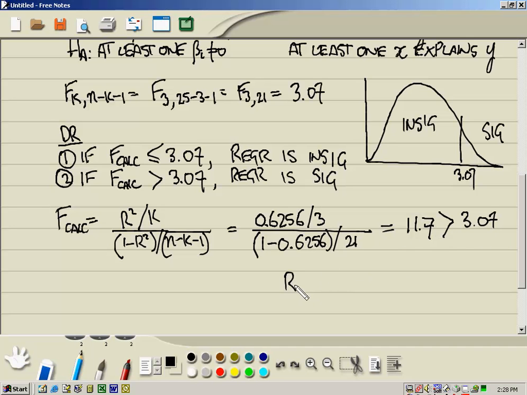So this regression is significant. Regardless of the fact that the R-squared showed the regression was weak, it is still significant, and as it's significant, it is still valuable and useful for us to predict the y variable and to explain how the y reacts to the x variables.